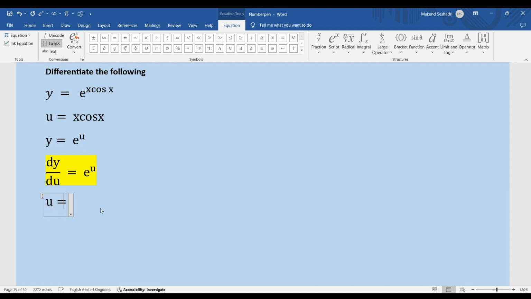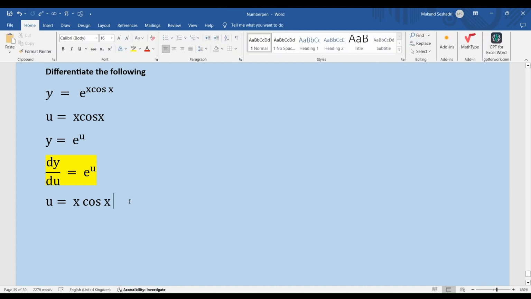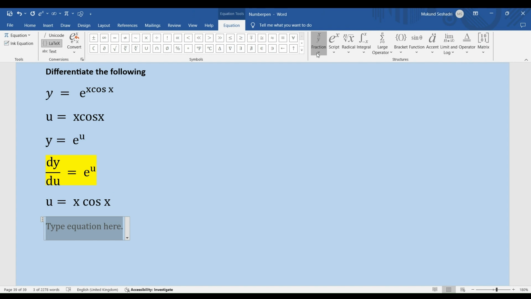So when my u equals x cos x, then I have a product of two functions. Function 1 is x and function 2 is cos x, right? Now, how do I arrive at du by dx? Folks, by now, all of you must be quite familiar with the product rule.